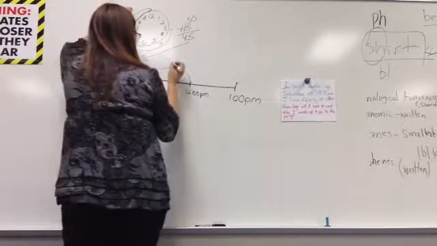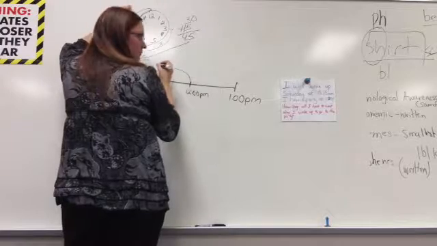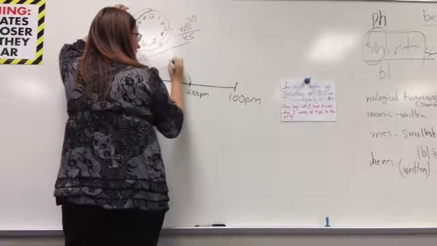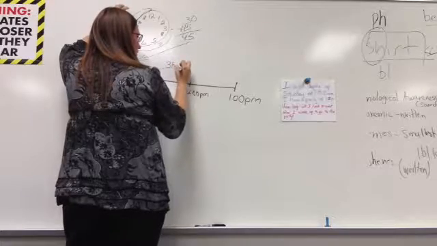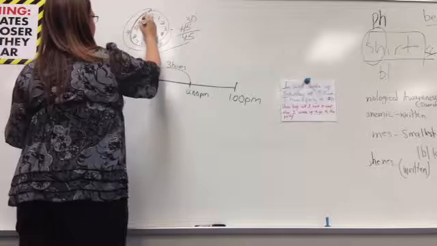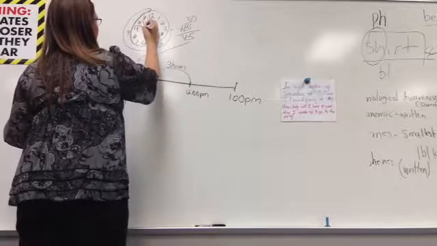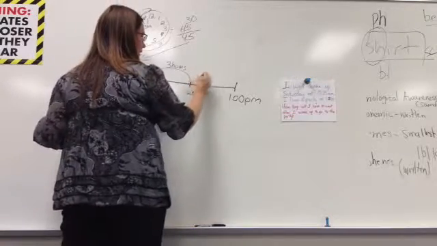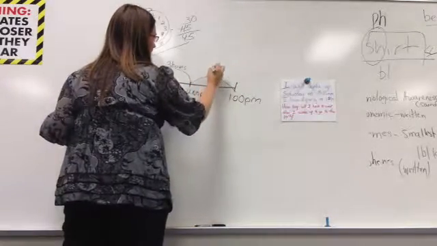That's 3 hours there. There's an hour, there's an hour, and there's an hour. There's your 3 hours. Then I've got to jump from 12 to 1, which is easy enough because that's just 1 hour.